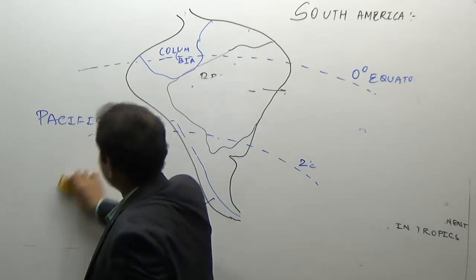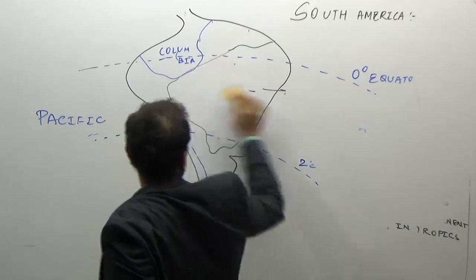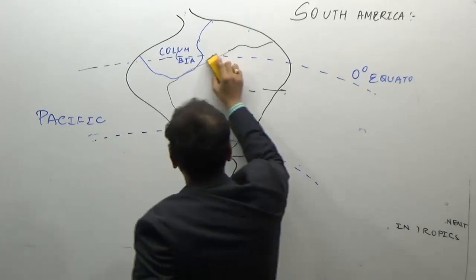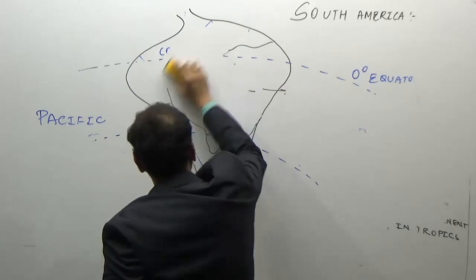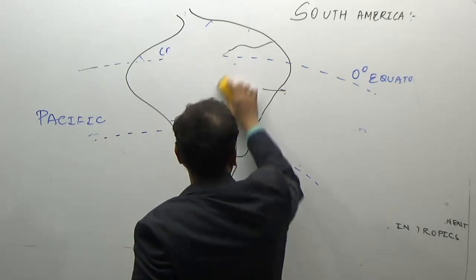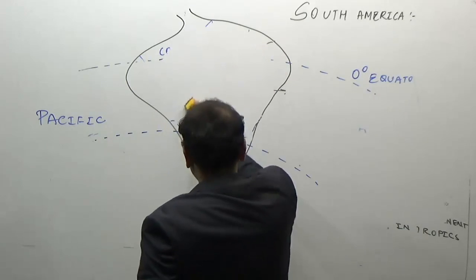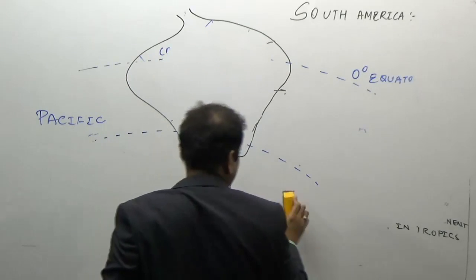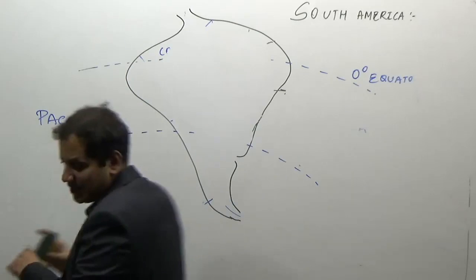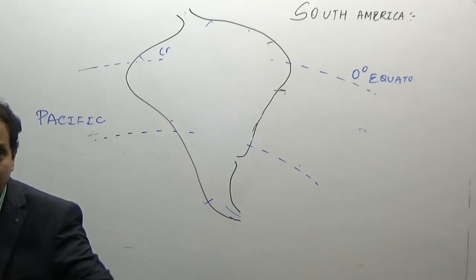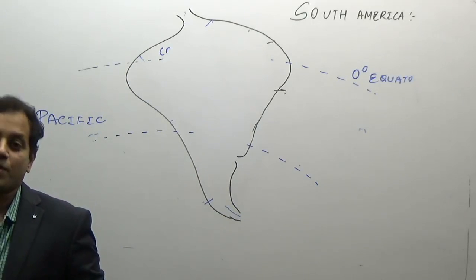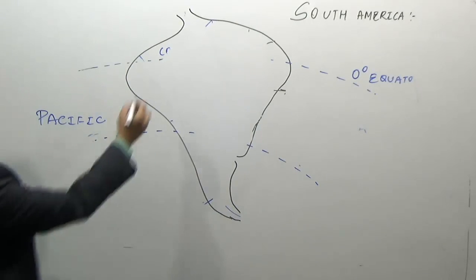Now, if you look at the major physical features of this continent, one of the most important is the presence of a mountain system which lies parallel to the coastline.